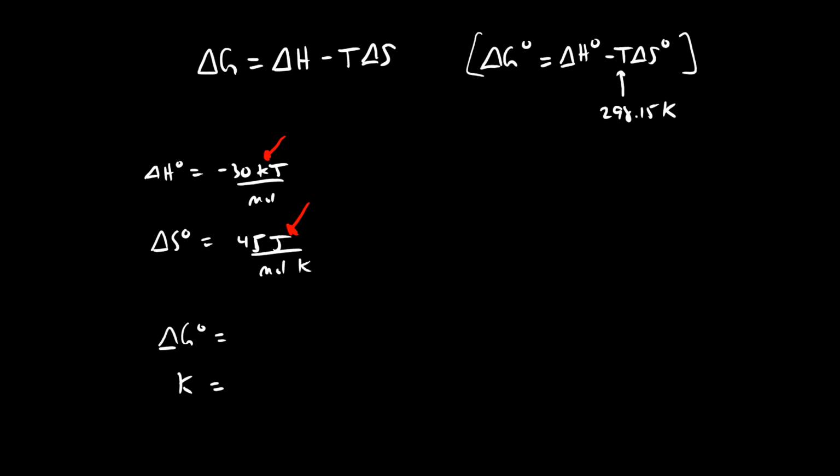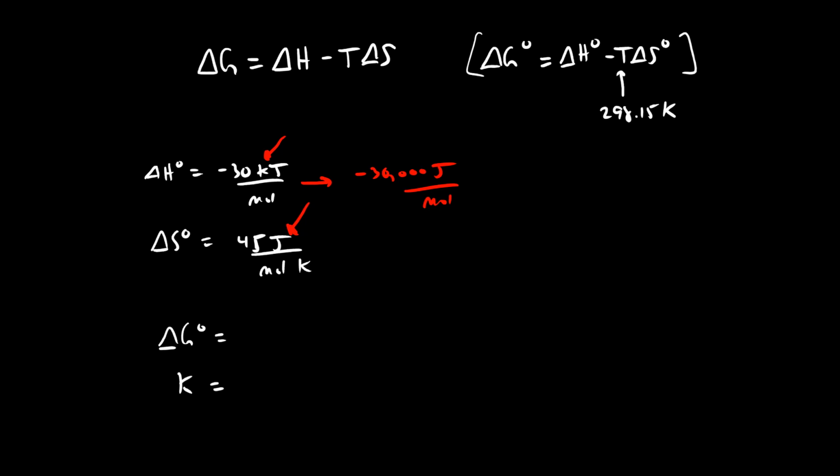So the first thing we want to do is convert one of these to either joules or kilojoules. So I'm going to go ahead and convert delta H to negative 30,000 joules per mole. And we do that using our metric prefixes that we've learned in the past. Okay, so we now have delta H and delta S in the proper units.